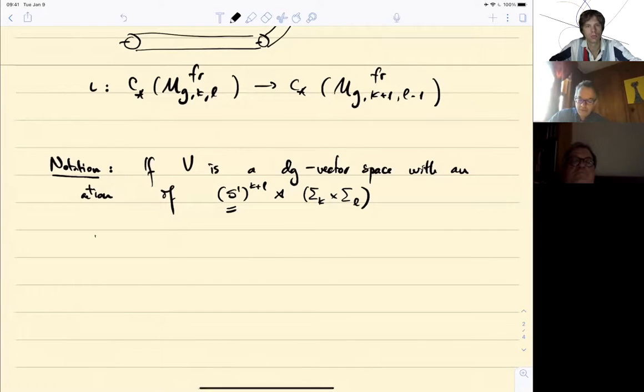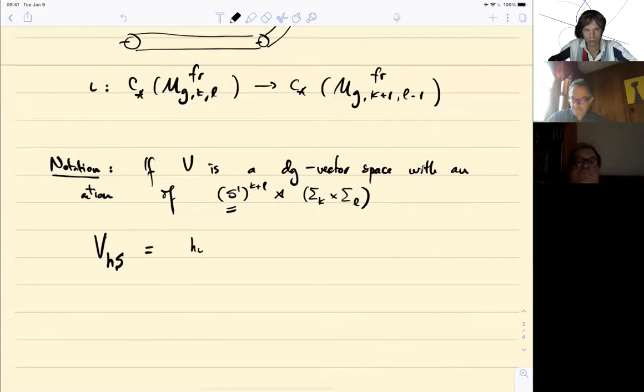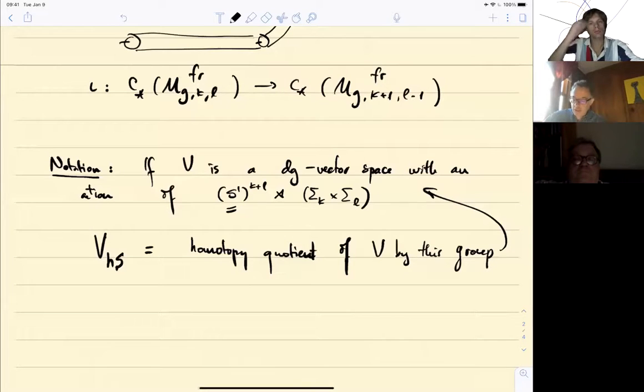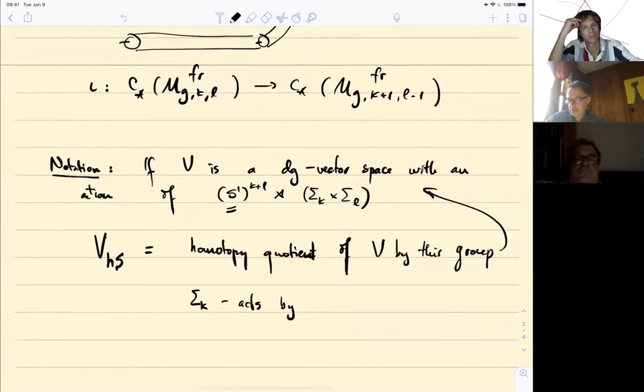I will denote by V_HS, like this, the homotopy quotient of V by this group. But what I want to emphasize is I let sigma K act by the alternating representation.